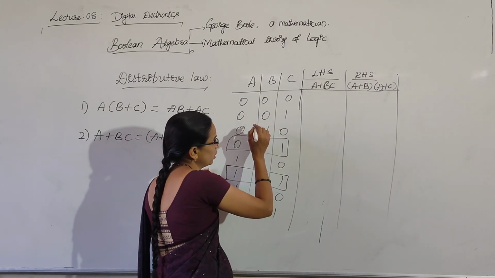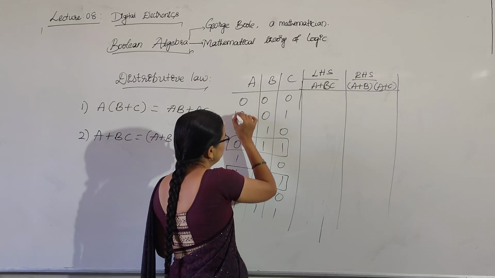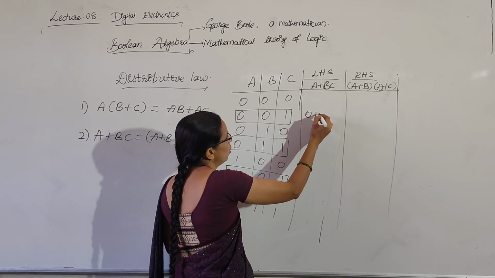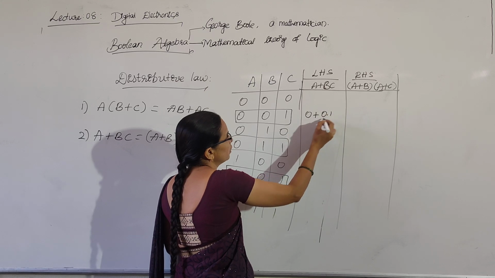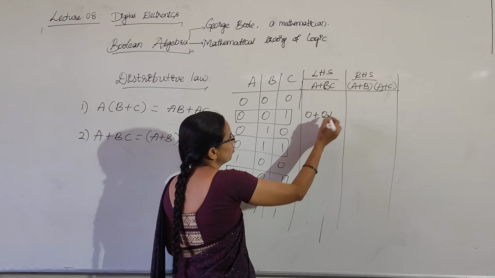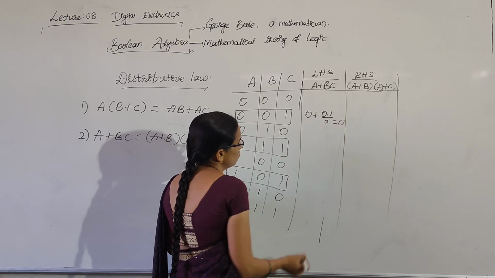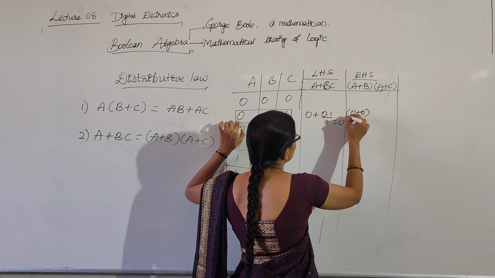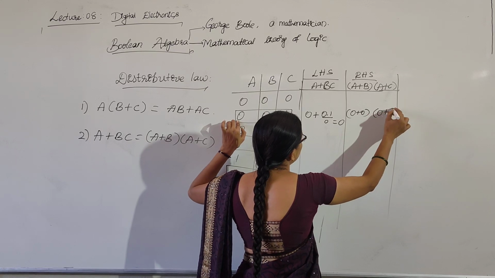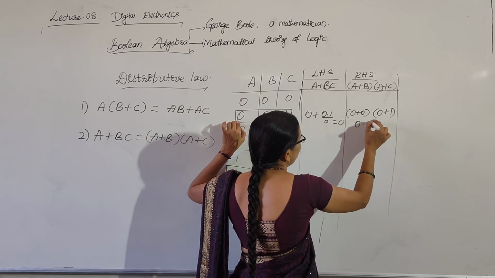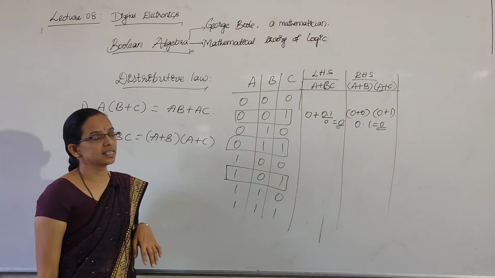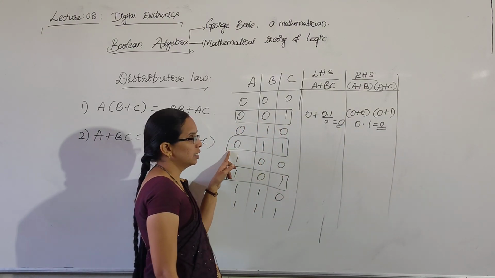Any combination you can take. For the second one, I will take randomly 0 or 0 and 1. It will be 0. So 0 or 0 will be 0. Here 0 or 0, 0 or 1. 0 and 1 will be 0 only. Right? Both RHS and LHS proved.